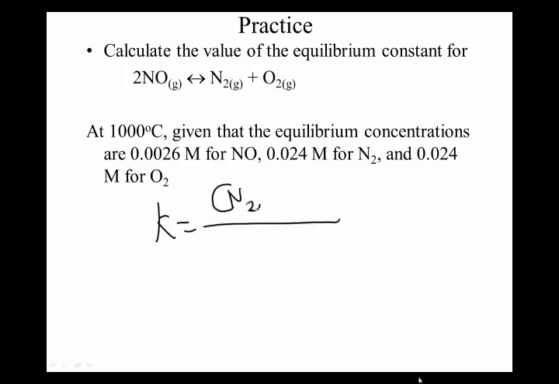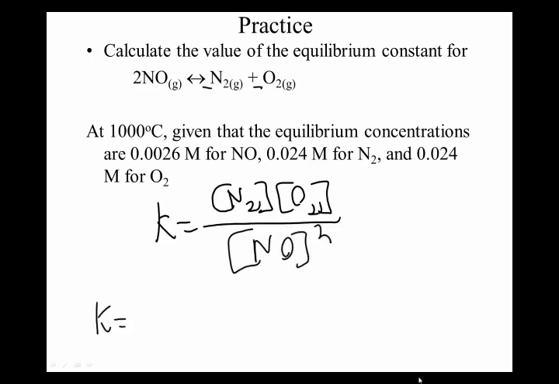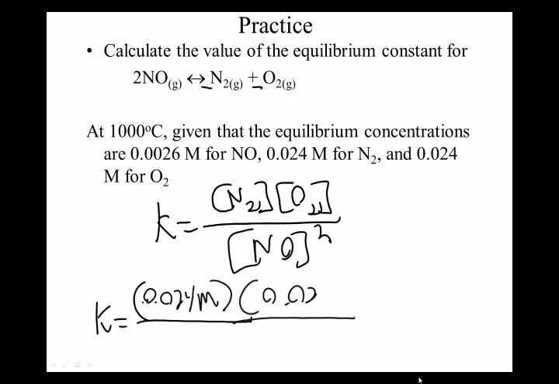concentration of N2 times concentration of O2, each of them raised to the power of 1 because there's nothing up here, and then NO squared. So we look for the concentration for N2. N2 is 0.024 molar. O2 is 0.024 molar.